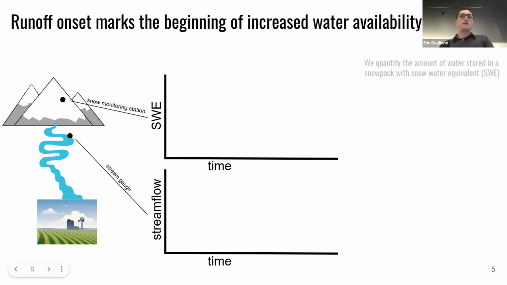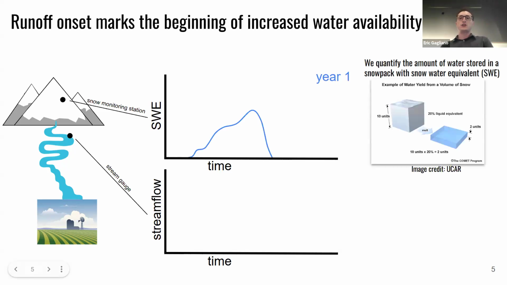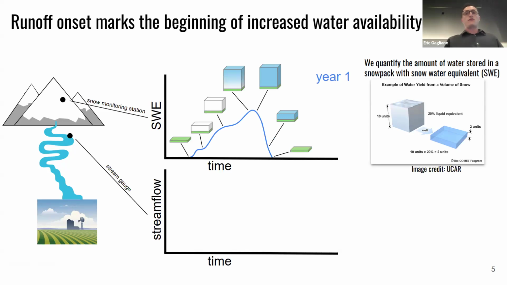So here's a progression of a usual year. As the snowpack accumulates throughout the winter, SWE increases, and then when melt begins, SWE decreases. You can note the progression of water in the snowpack with the icons. The darker blue, the more water in the snowpack.